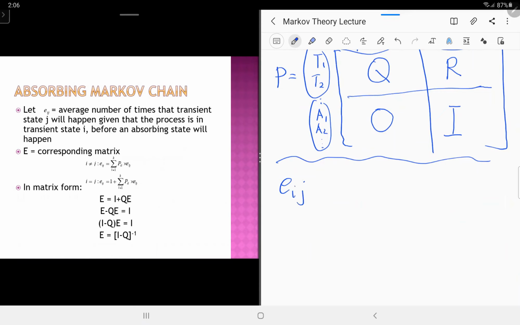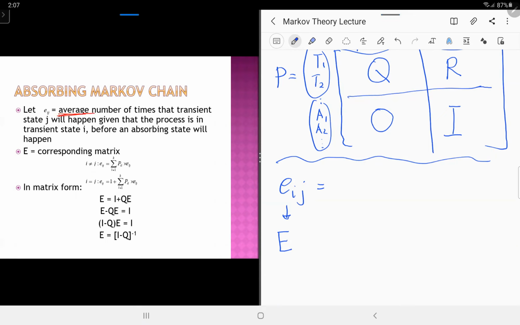E_ij. This can be represented as matrix E. Now let's look at the definition of E_ij. Remember, we have transient states and we have absorbing states. E_ij measures the average, because we're dealing with probabilities, so it's always an average.